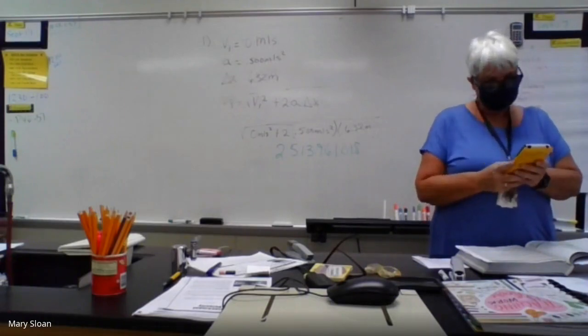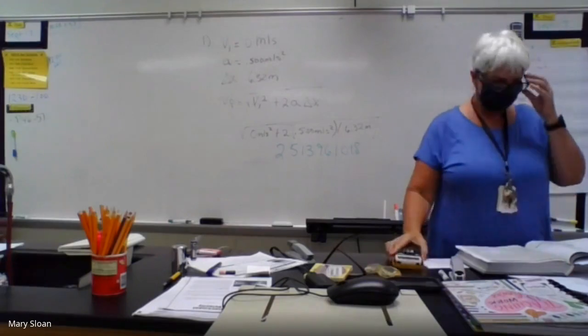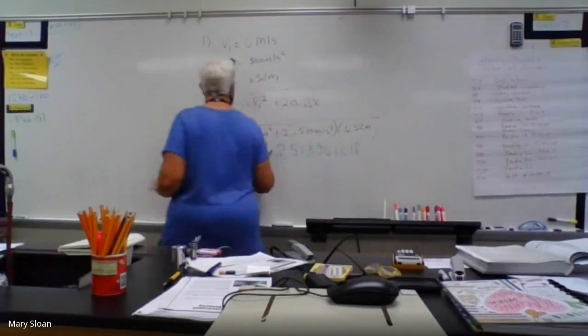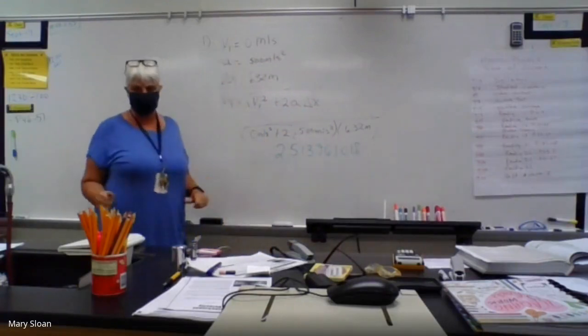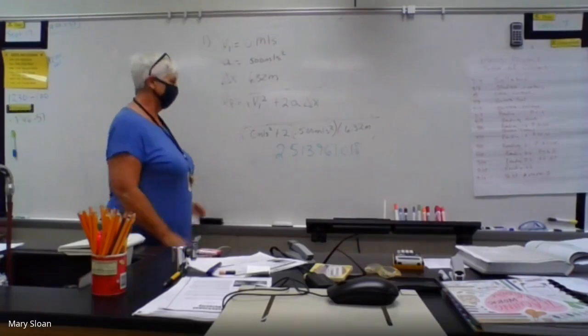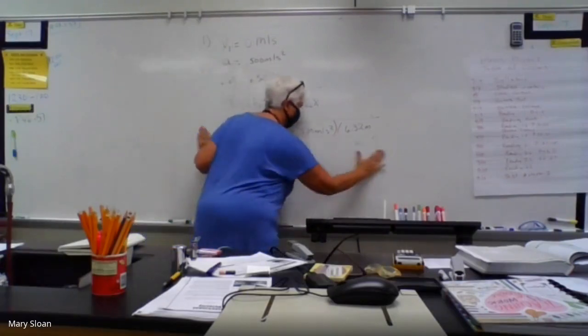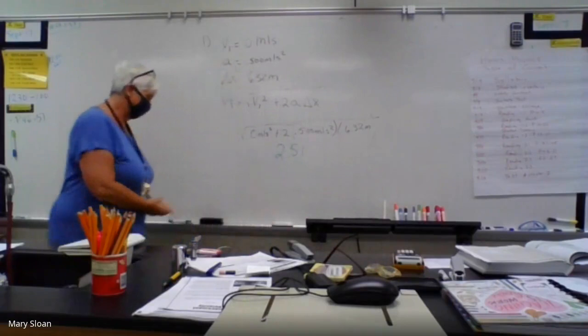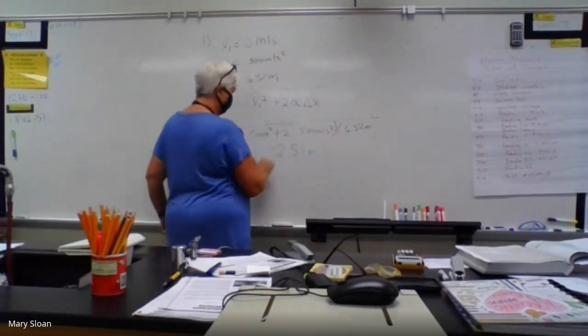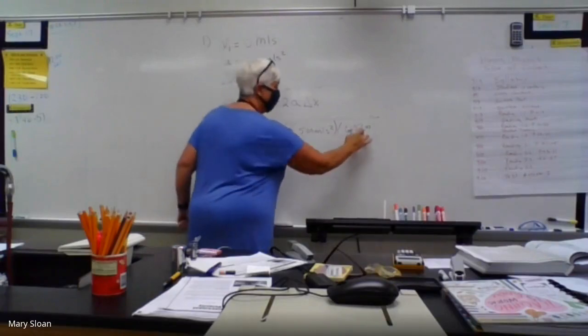So it should be 2.51. Okay, so sig fig rule, what is my answer though? 2.514. Hold up. 2.8. Okay. 1, 2, 3, right? 1, 2, 3 digits.